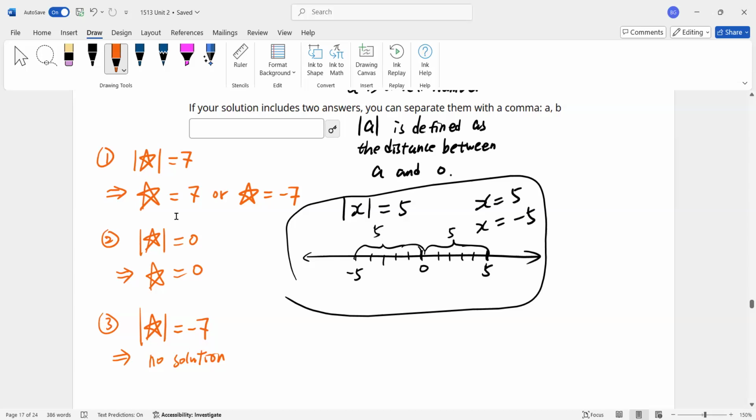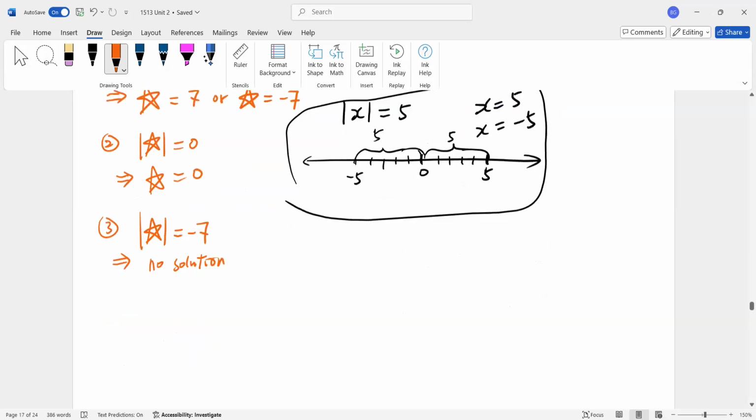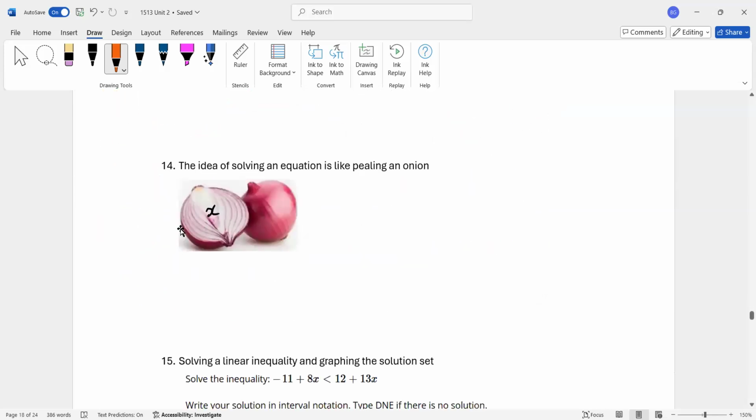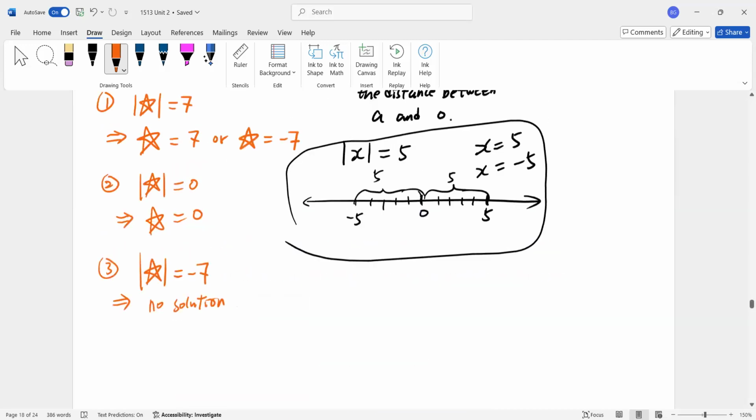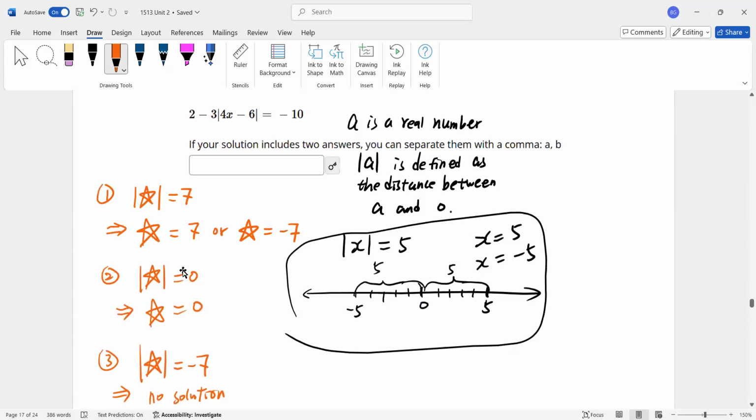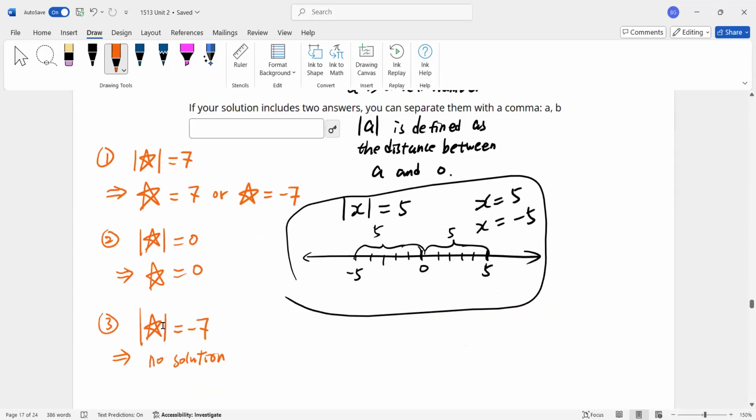Okay, so you will be seeing one of the 3 basic types of absolute value equations. Sometimes maybe they look more complicated than that, then don't worry. Peel the onion, peel the skins, and then you will see it will look like one of the 3 types. We have the absolute value isolated on the left side.